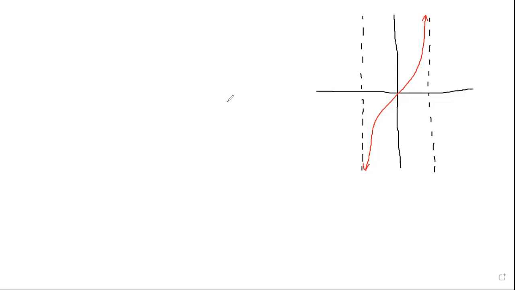So that's how a tangent graph will look, in standard form.